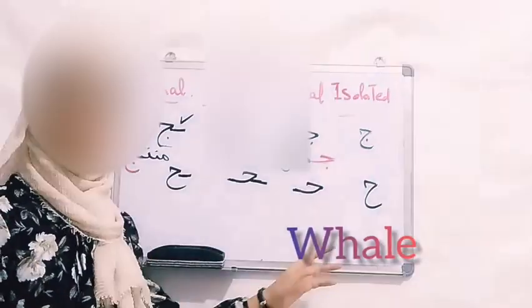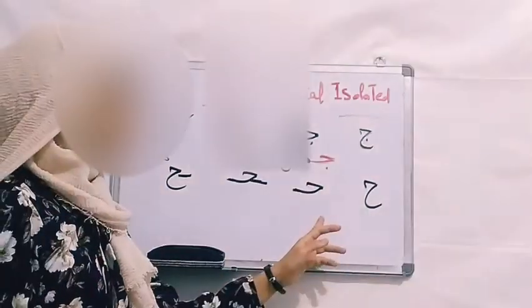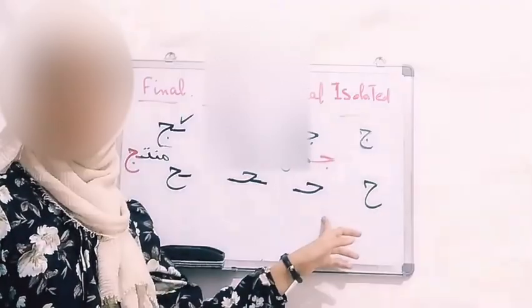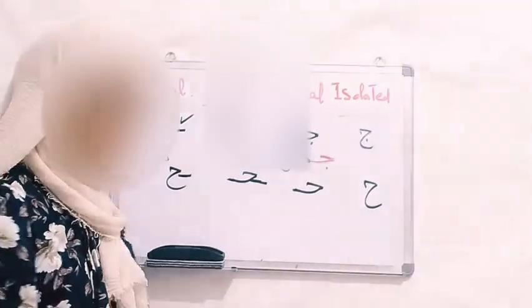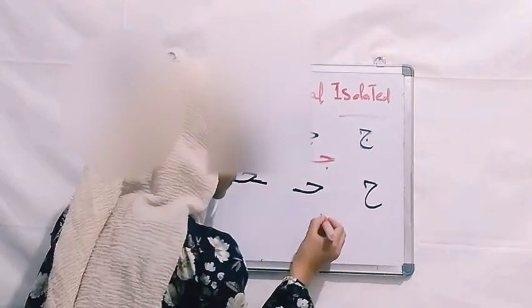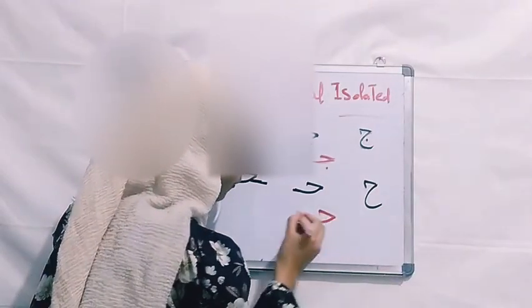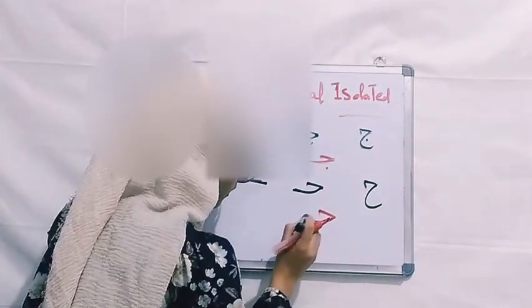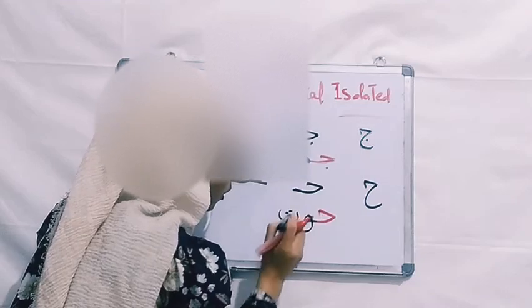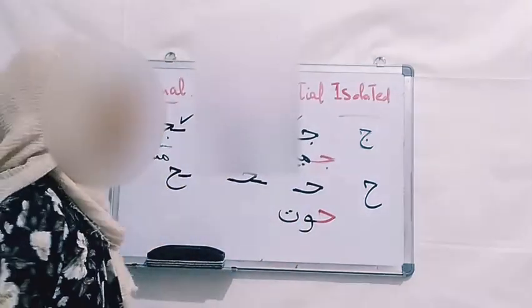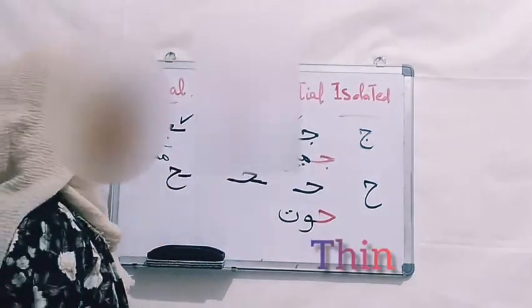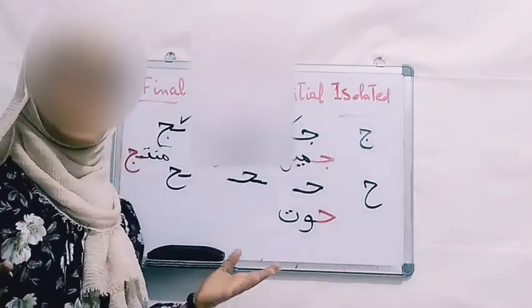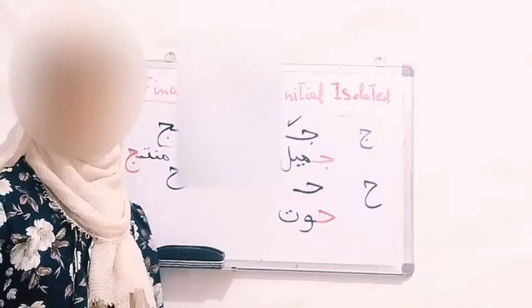And for example, in ha, we have hoot. Hoot means whale. Ha is at the beginning of the word, then connects to other letters. And in the middle form, for example, we have nahif. Nahif means thin.